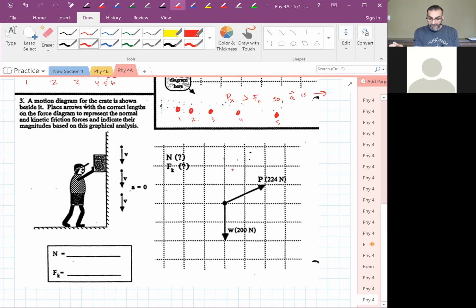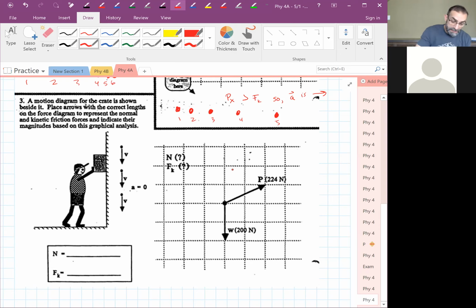So is there acceleration is the question. Did you look at the motion diagram? The object's moving with constant velocity as it slides down. So there's zero acceleration. So we have to balance all these to zero, right?